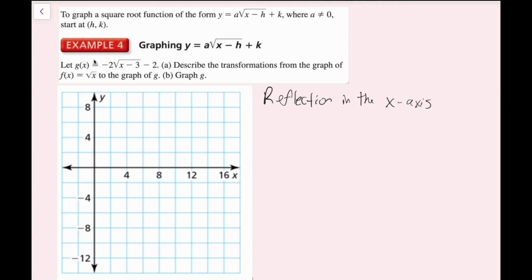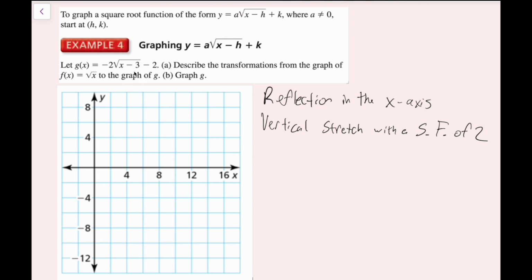But that's not the only thing that this a value of -2 is telling us. The 2 part of this is telling me that I have a vertical stretch with a scale factor of 2. Okay, and now I'm going to deal with my translation.